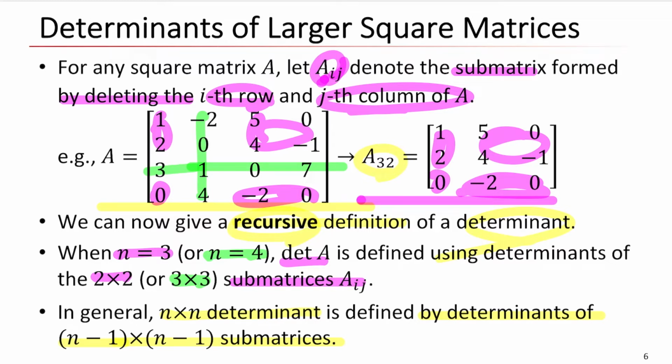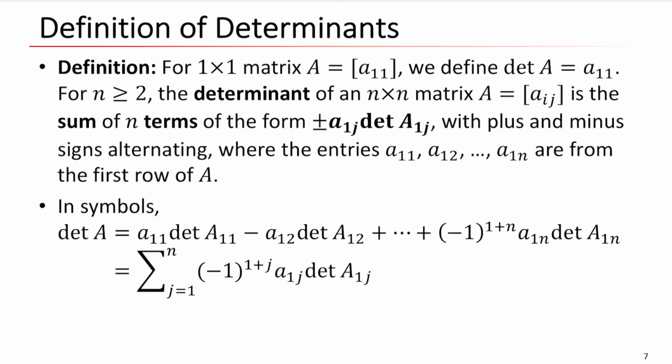Then let's derive the systematic way. Okay, here is the systematic definition. First of all, a 1 by 1 matrix A. Actually, a 1 by 1 matrix is just what? A scalar, right? Or just a constant value, right? In this case, the determinant of matrix A, or the determinant of the scalar, is just the scalar value itself.